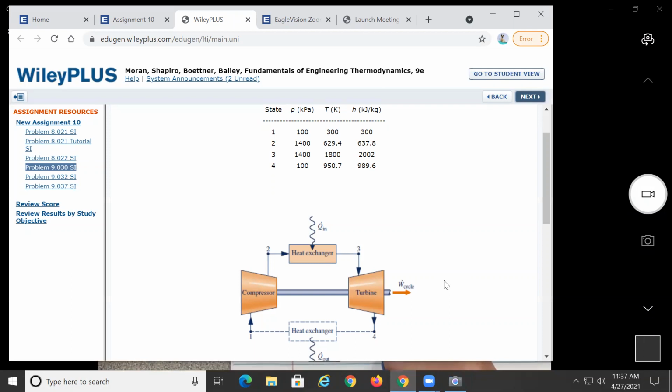So 2002 minus 889.6 plus H1 300 minus 637.8, and this should be kilojoules per kilogram.